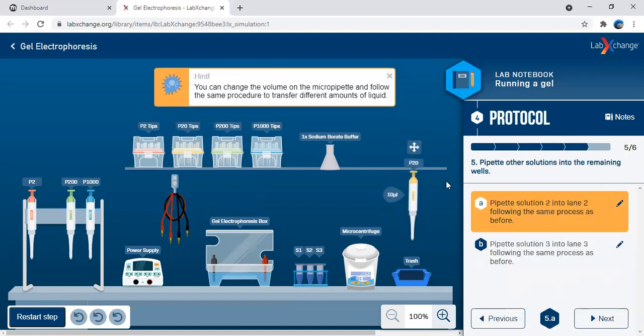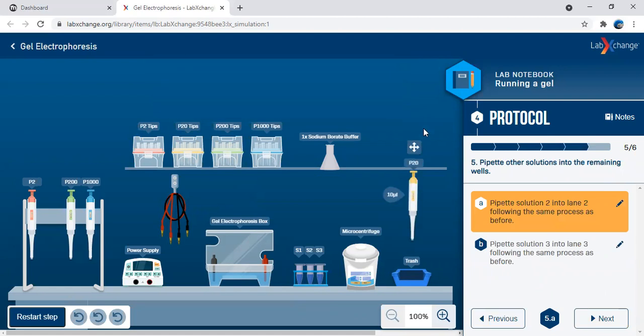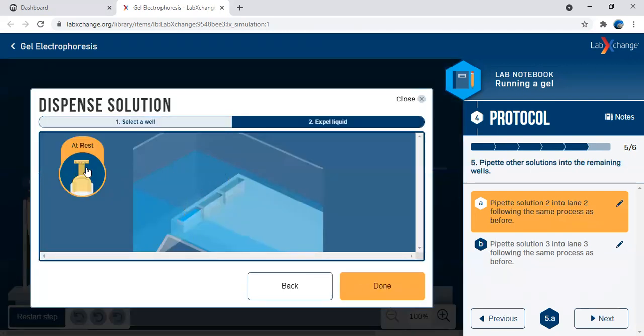So now pipette solution 2 into lane 2 and solution 3 into lane 3. We're going to do the same thing. So we're going to take solution 2 into lane 2. Close it. Put it here. Lane 2.